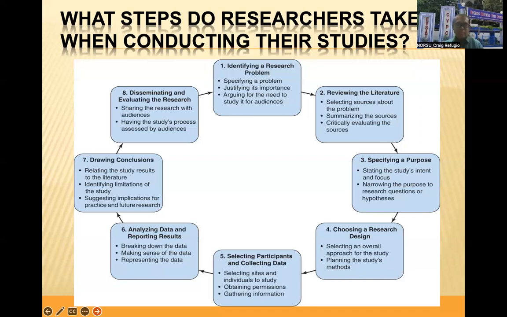Another thing is the publication of the research findings together with the entire research article. Why? Because you have to publish that so that it could have benefit, so that everyone knows what the specific findings are for this kind of problem, this kind of issue, this kind of need.